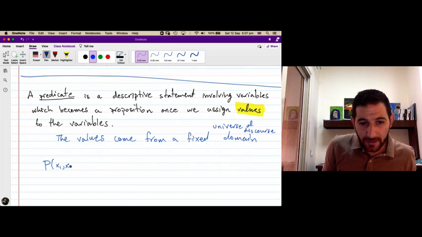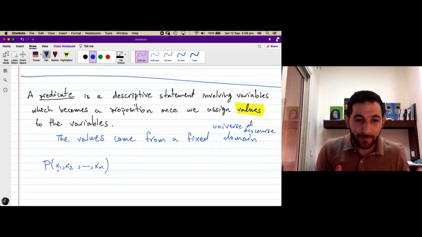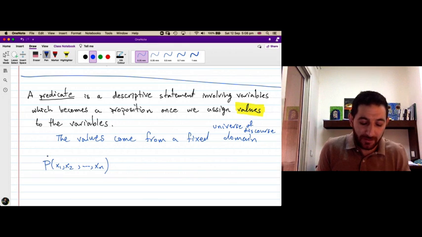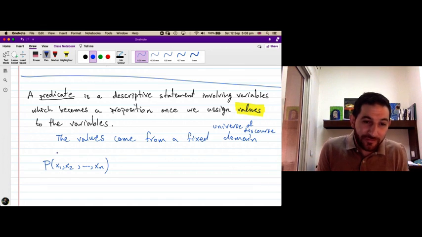Okay, so this is the notation of our predicate. If you want, you can think of this as saying the variables x1, x2, up to xn together have property P. Like we've seen, P(x) means x is prime, and Q(x, y) means x is greater than y by 3.